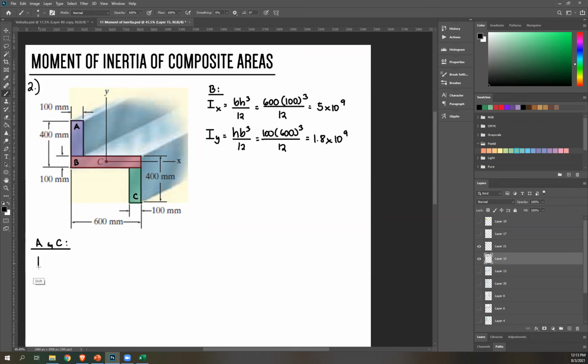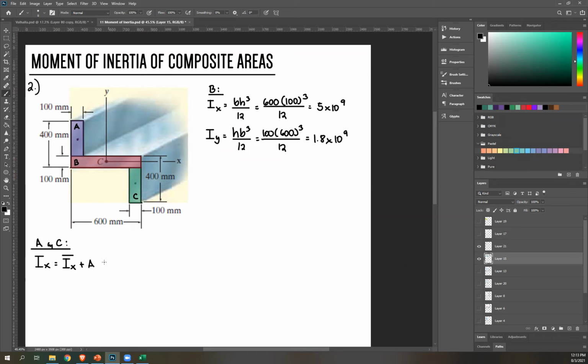Let's start with Ix. Now for block A and C, their centroids aren't at their centroidal axis, meaning I need to do parallel axis theorem. So the centroid of each block would be here. Okay, this is the centroid for A, and then centroid for C. So the equation for parallel axis theorem is I bar plus Ad squared.